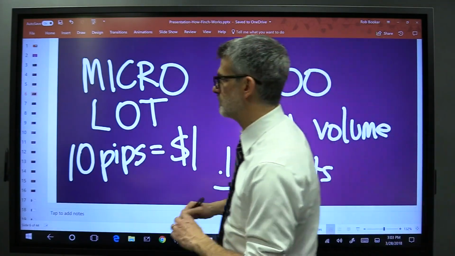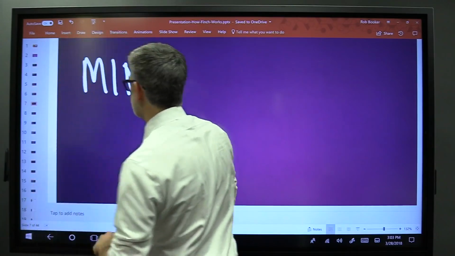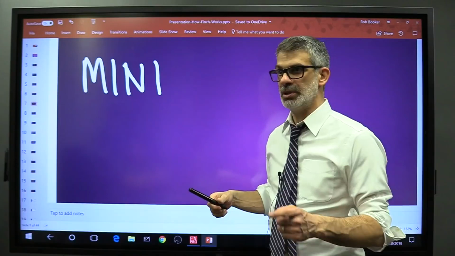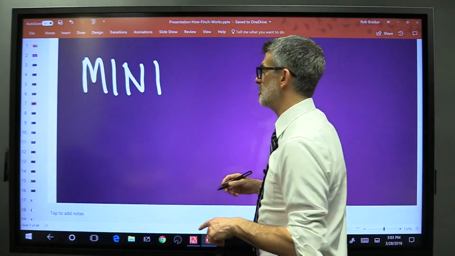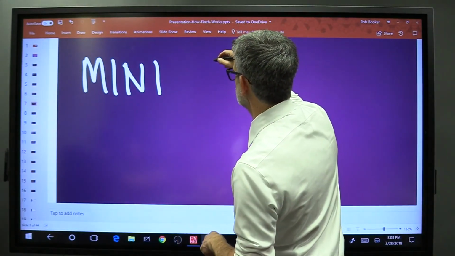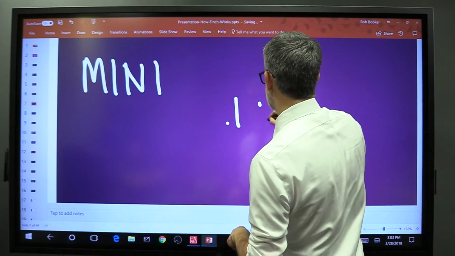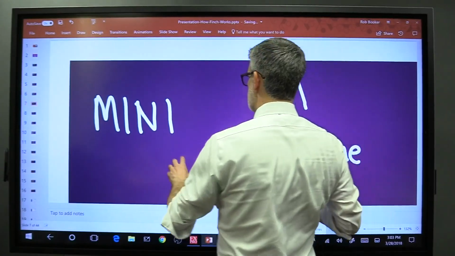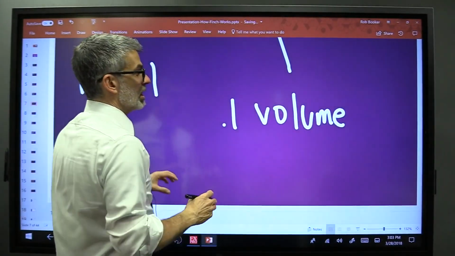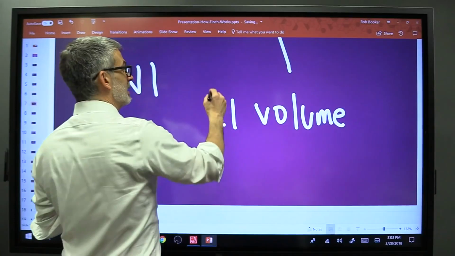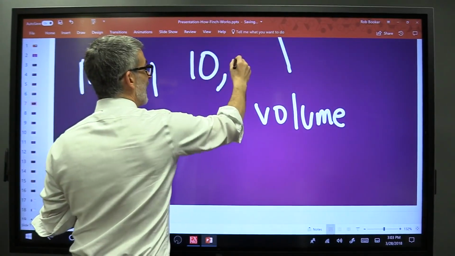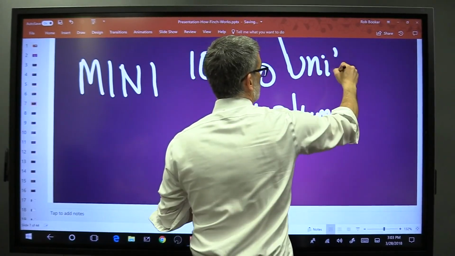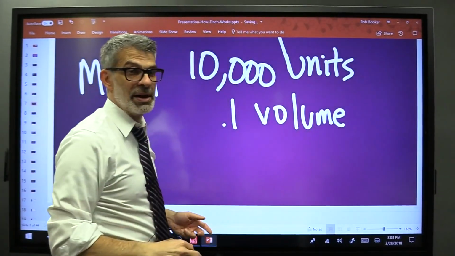That's a general range. The next trade size that you can trade is a mini, and it's 10 times larger than a micro. What's 10 times larger than a micro, Nate? 0.1. So 0.1 is the volume. Excellent. That's the volume. And you would be trading, in this case, 10,000 units of currency instead of 1,000.